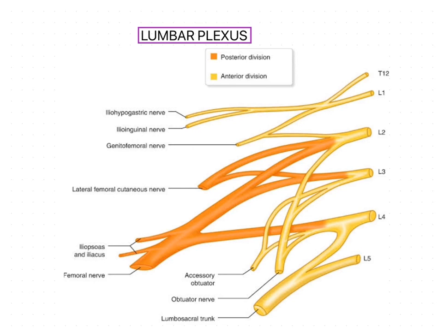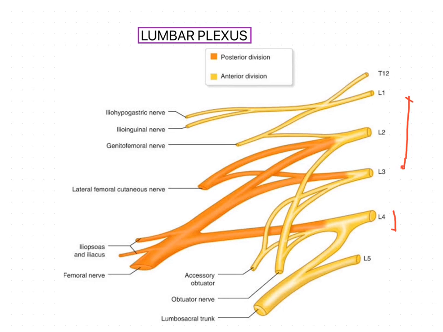This lumbar plexus chiefly supplies the lower extremity, and it is formed by the anterior primary rami of upper three lumbar nerves, and a major portion of the anterior primary ramus of fourth lumbar nerve.